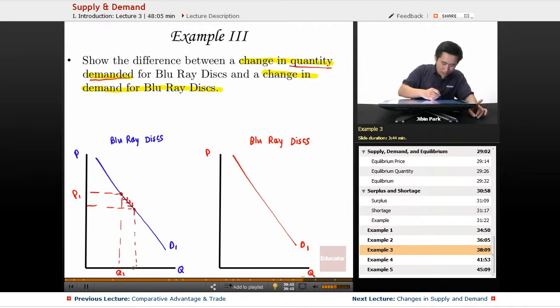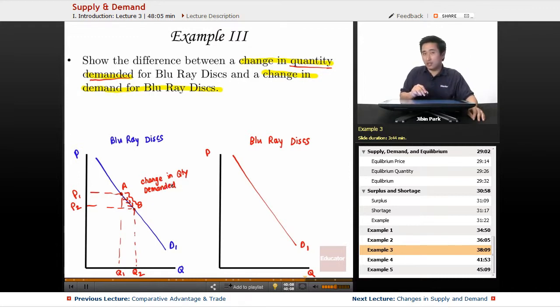So let's say you don't change anything else. What happens to the quantity demanded? The quantity demanded is going to increase from Q1 to Q2. So from point A to point B, this is a change in quantity demanded, and there's no change in demand.